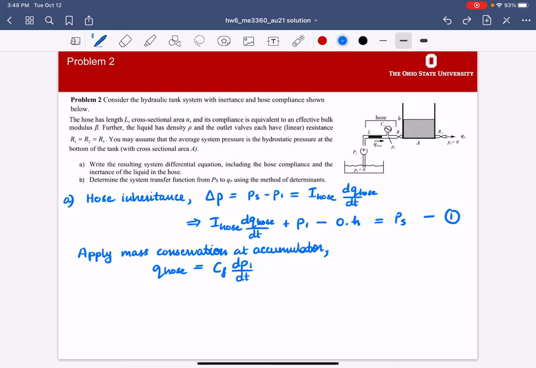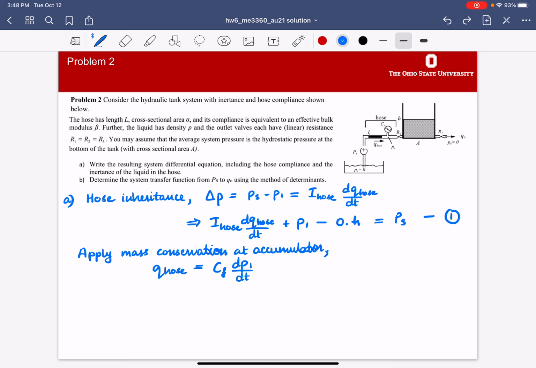And then we would also have some of the flow that's going into the tank, and that flow is going through this valve R1. So one way of writing that flow would be the pressure drop before and after the valve divided by the resistance of that particular valve, right?